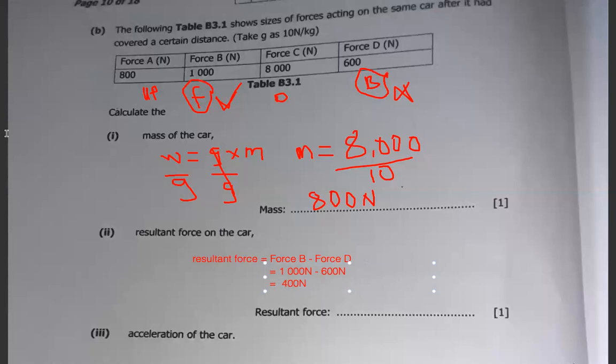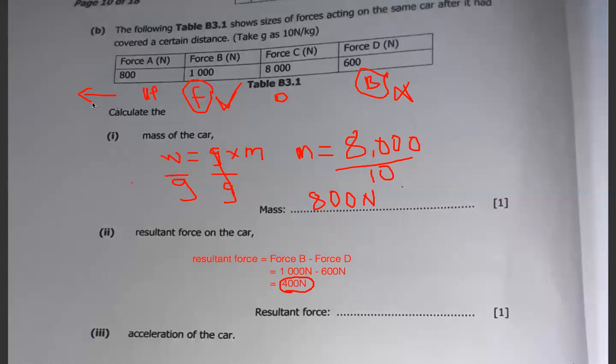But remember, force is a vector, so if we're asked to describe the direction in which this force is going, we have 400 newtons in a forward direction, because forward we have got 1000 newtons, backward we have 600, so we have more of the force in the forward direction by 400 newtons.